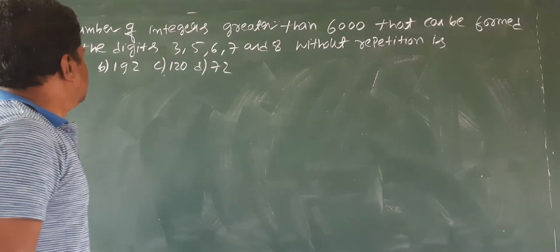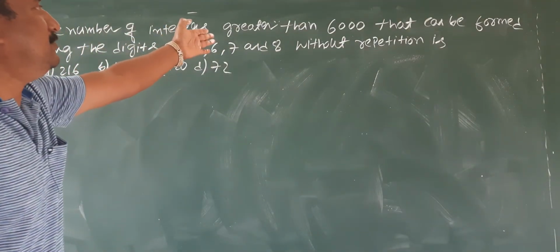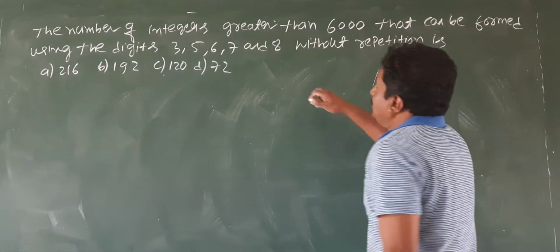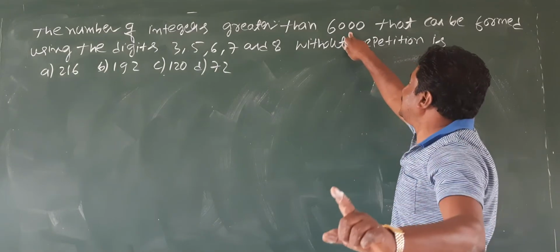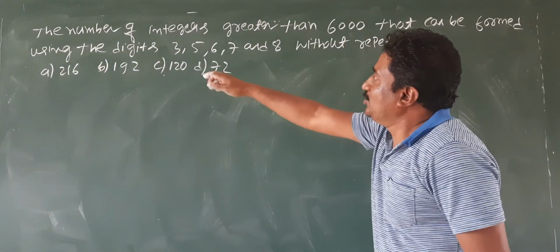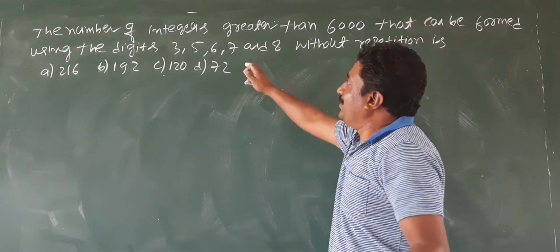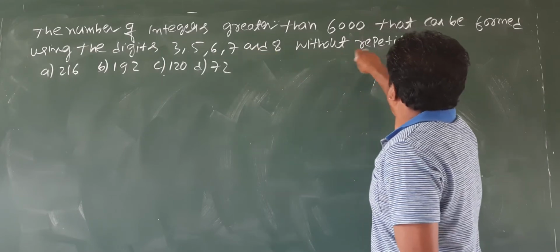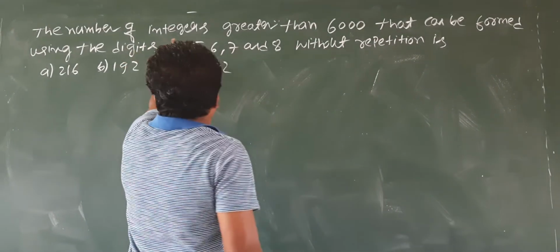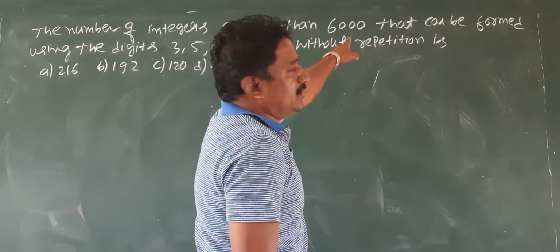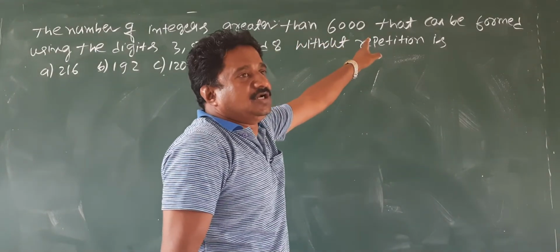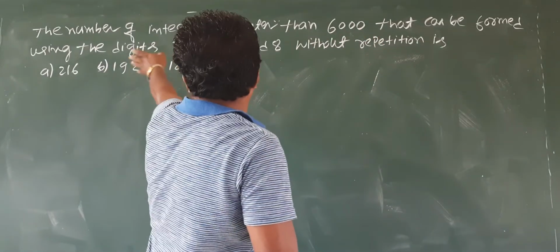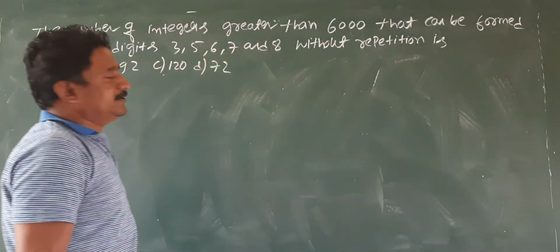The integers should be greater than 6000 and formed using these digits, so they should be 4-digit or more than 4-digit numbers, without repetition.